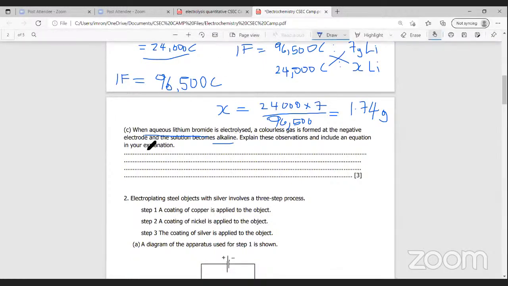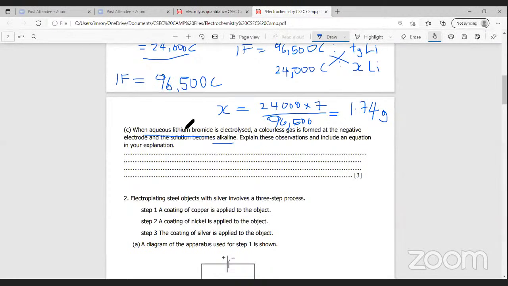All right, so let's look at it. Remember, this is a different part of the question. It says aqueous lithium bromide. So this is lithium bromide, aqueous, meaning that it is dissolved in water. Are you listening to me? This is lithium bromide dissolved in water.